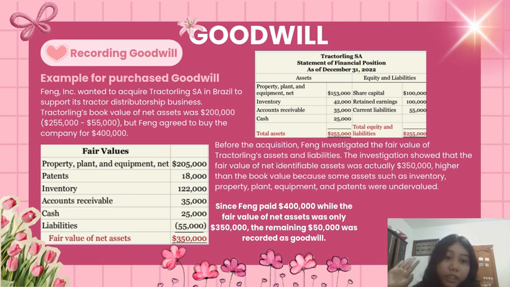And we can see in the picture on the left side that it contains PPE, patents, inventory, accounts receivable, cash, and also liabilities.